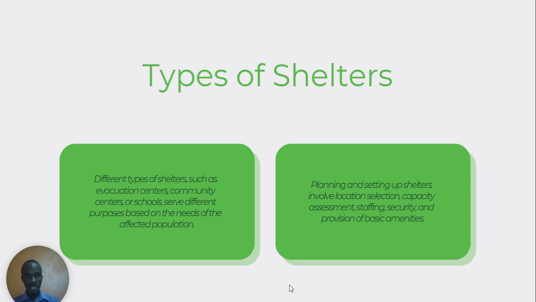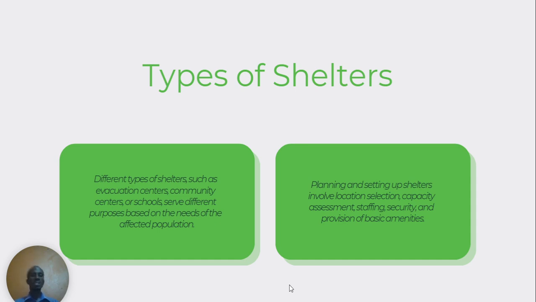So planning and setting up this shelter should involve location selection, whereby you select a suitable location for this evacuation. Then capacity assessment, you're looking at the capacity of the community to cope with a disaster or an emergency. How able are they?